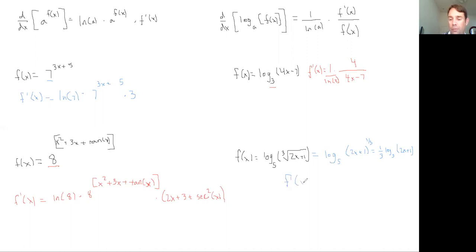So the derivative, I have 1/3 because there's a 1/3 out in front, and I'm going to multiply by 1 over the natural log of the base, so 1 over the natural log of 5. Remember, whenever you're dealing with those logs, it's always good to go ahead and rewrite it whenever possible to make it something easier for you to deal with.